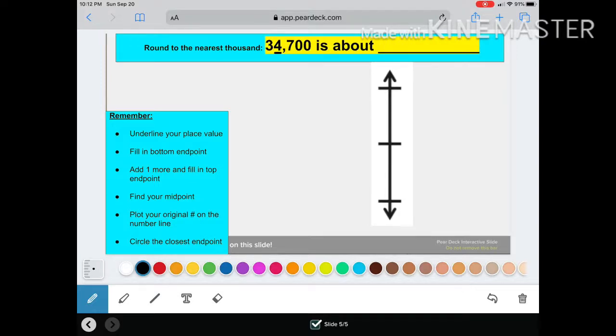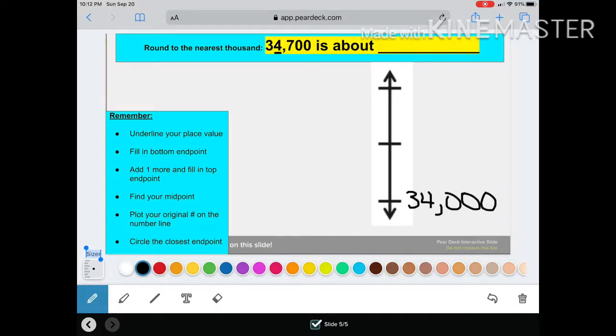Before the number 4, I have a number 3 in the 10,000s place. I need to include that number as well. So I'm going to put 34,000 as my bottom endpoint. Everything else after is still a 0, but I still have to include that 3.